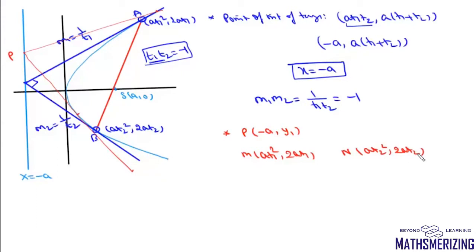Now we know that for these 2 points, their point of intersection is (at1t2, a(t1 plus t2)). So we'll compare, we'll get t1 into t2 equals -1.